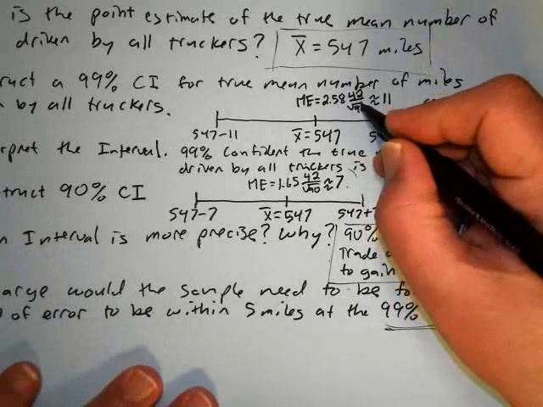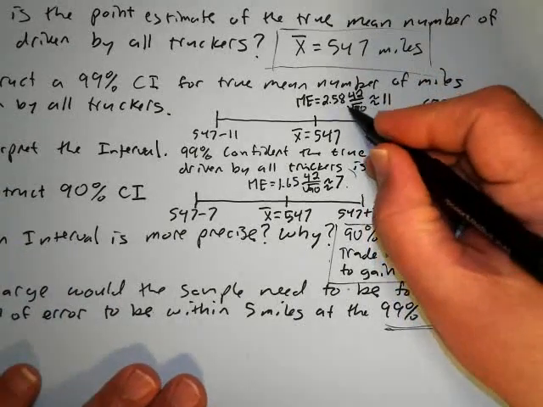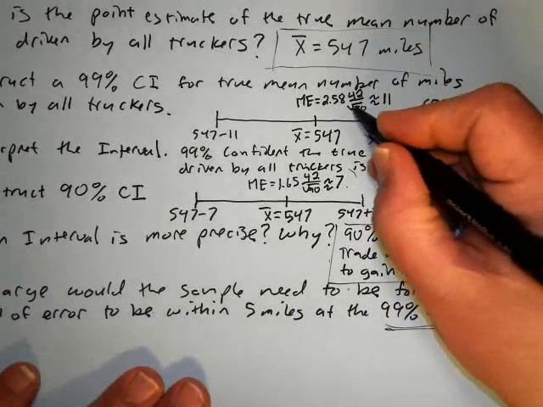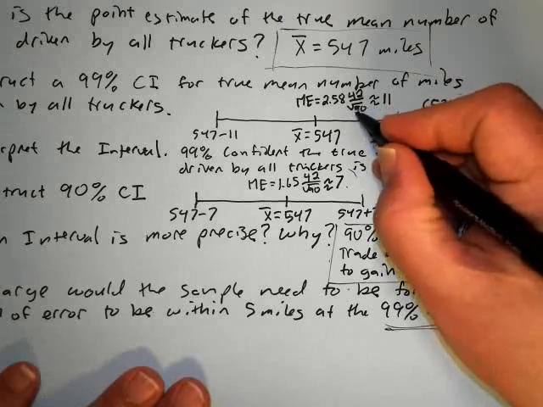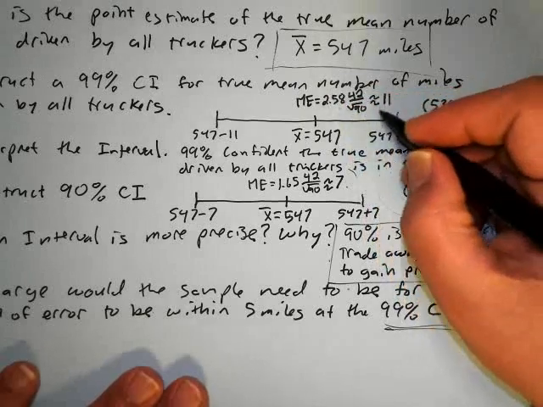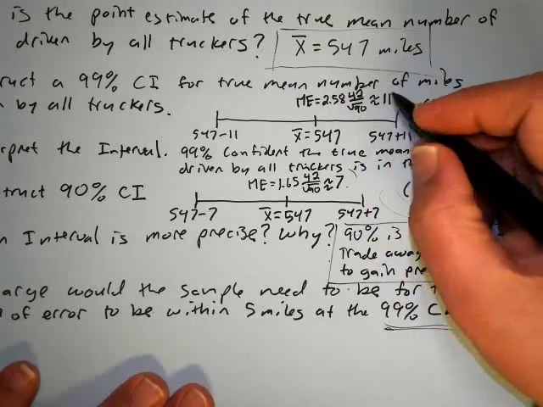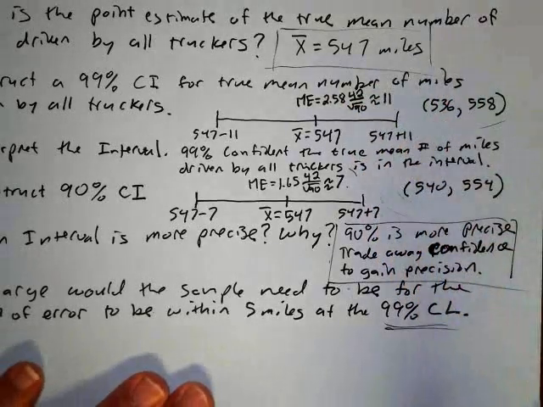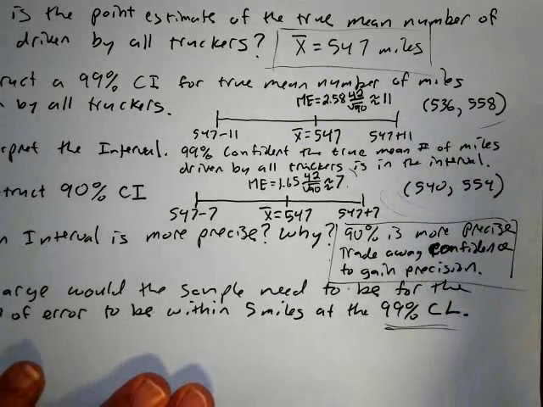You can make your n bigger, because when I divide by the square root of n, that's going to shrink this number down. It's going to make my margin of error smaller. So you can actually gain precision by increasing the sample size.